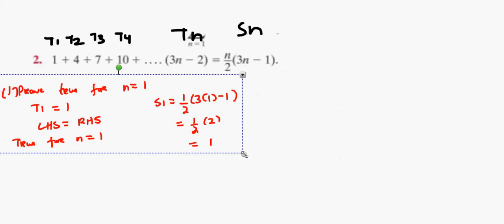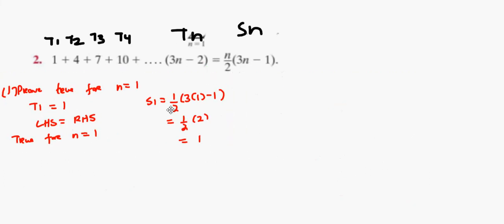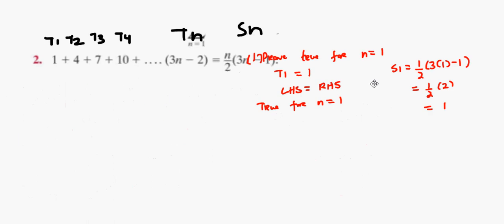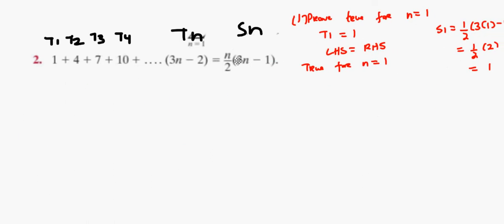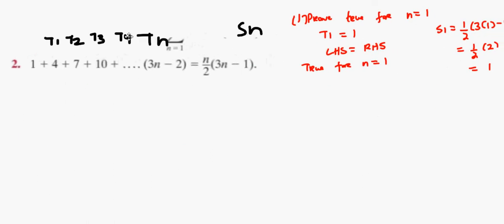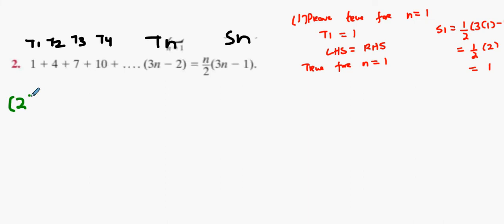Now, we're going to work on step 2 now. So I'll just move step 1 up here, out of the way. Right? Step 2, which we'll do in green, is assume true for n equals k. Okay. Anywhere you see an n, replace it with a k.